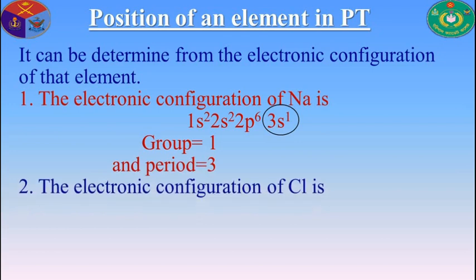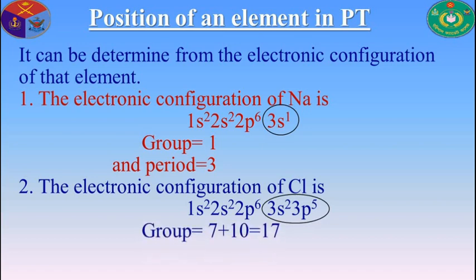The next example is chlorine. The electronic configuration of chlorine is shown here. From here we see that the number of electrons in its last energy shell is 7, because the 3s orbital contains 2 electrons and the 3p orbitals contain 5 electrons, so the total number of electrons is 7.